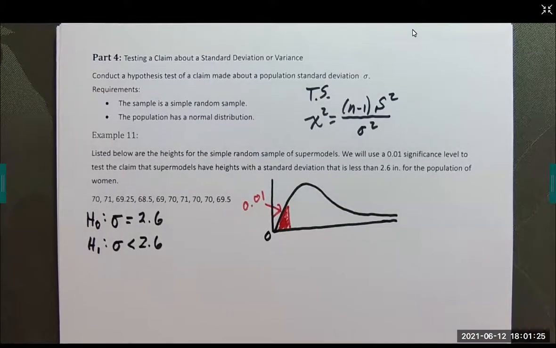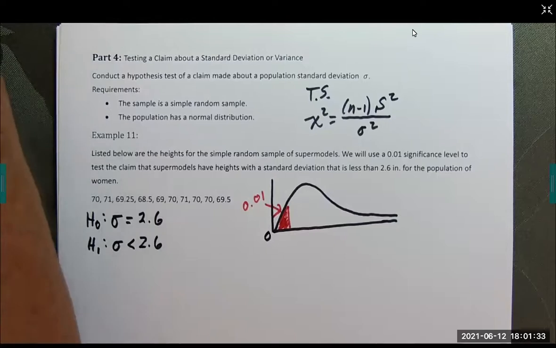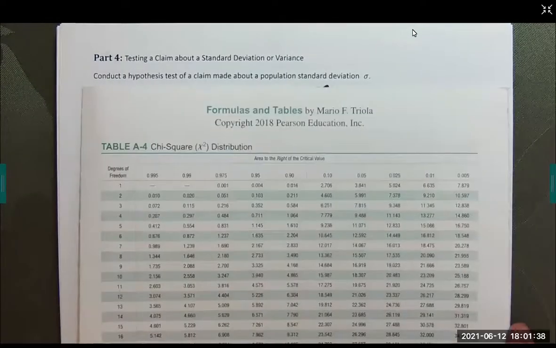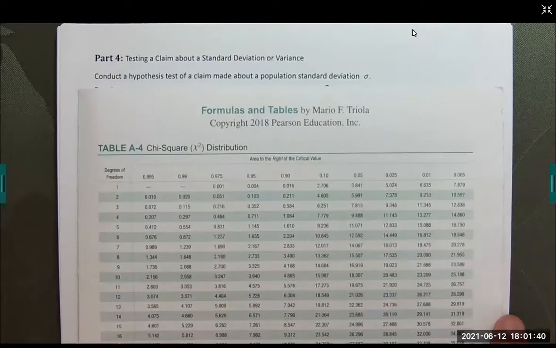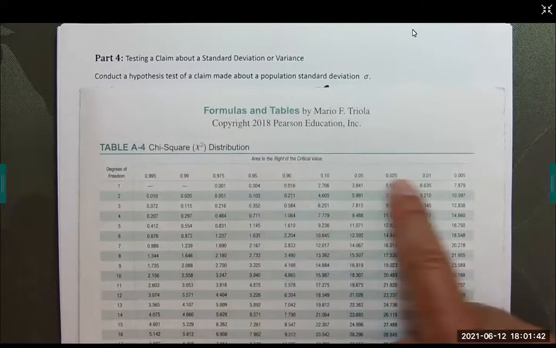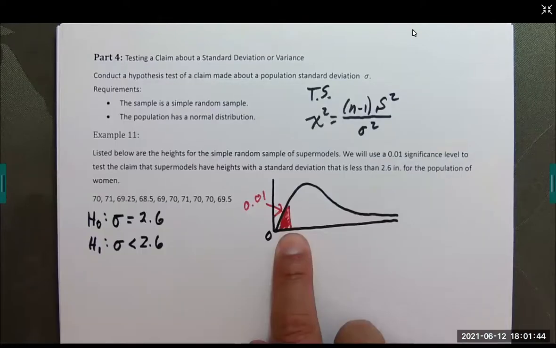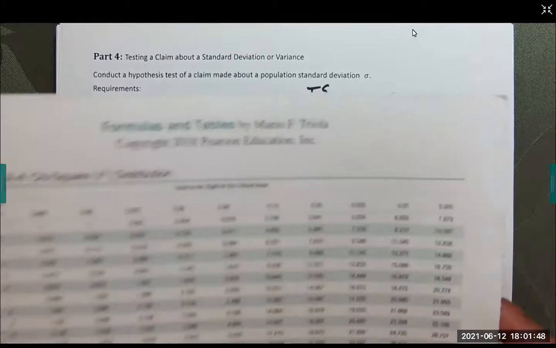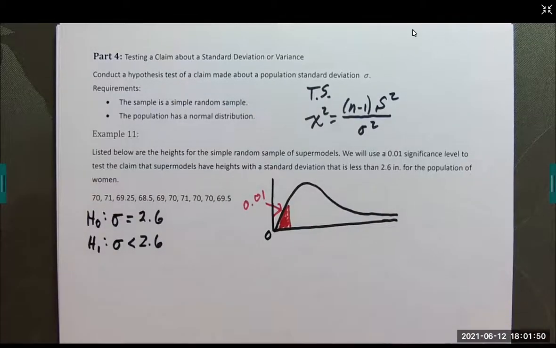So let's get our critical value. For that, we need our chi-squared table. If you remember, this represents area to the right. We have area to the left, so if 1% is here, that means 99% is over here. So we need to also establish the degrees of freedom.